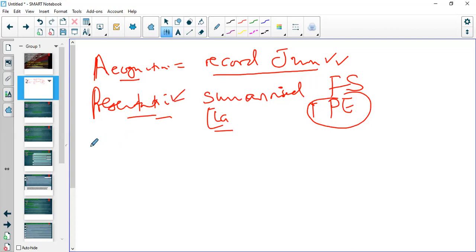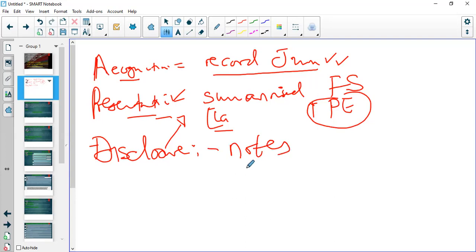Then we also have what we refer to as disclosure. A disclosure could also include some elements of presentation, but in most cases disclosure typically refers to disclosure in the notes.